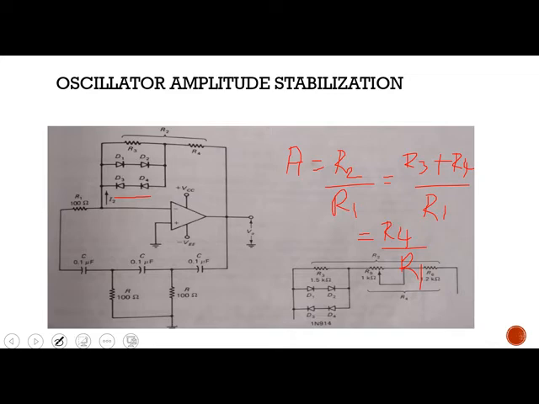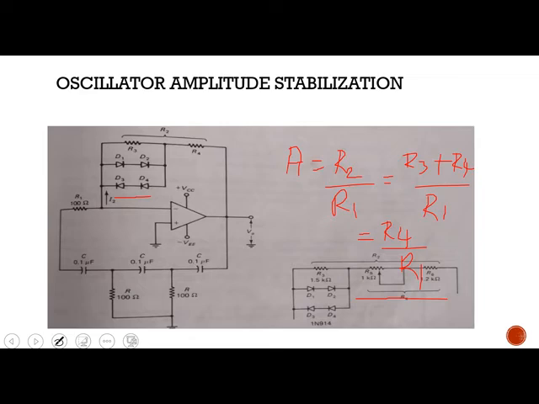These resistances R3 and R4, as you can observe, are fixed. We can make it variable by splitting R4 again into two, R5 and R6, wherein R6 is a fixed resistor and R5 is a variable resistor.